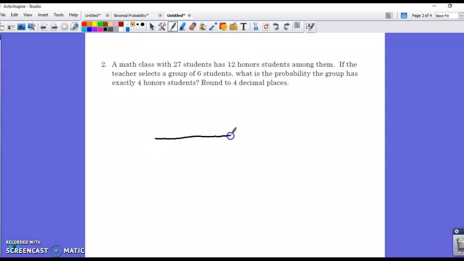So starting with the denominator, there are 27 students, and she wants to select a group of 6. Those students are separated into 2 groups, honors and not. And it says she has 12 that are honor students, and we want the probability that she gets 4 of those.